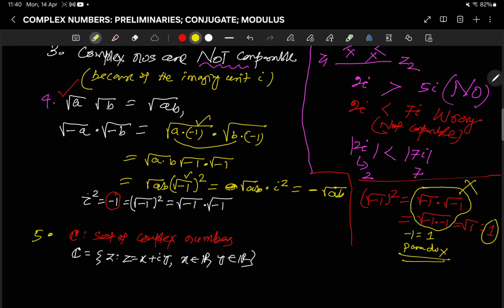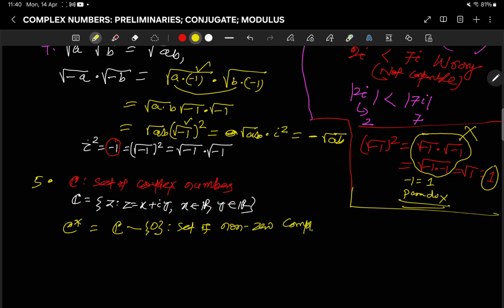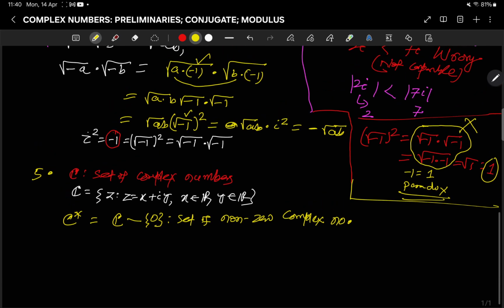The moment I say C star, it is C minus 0, meaning the set of non-zero complex numbers. Clear?